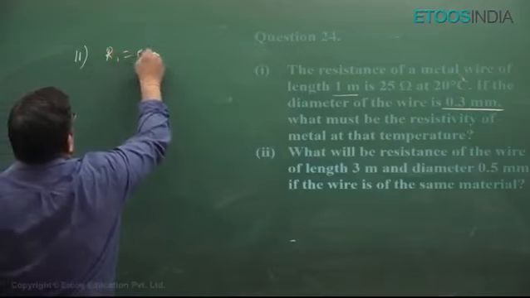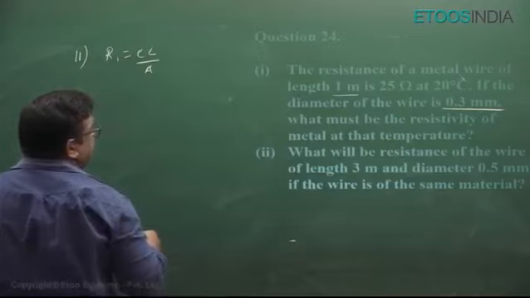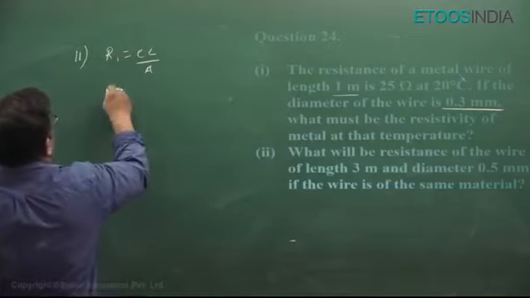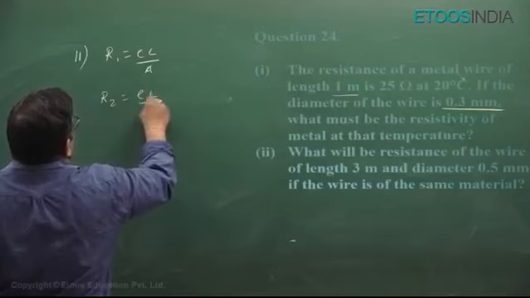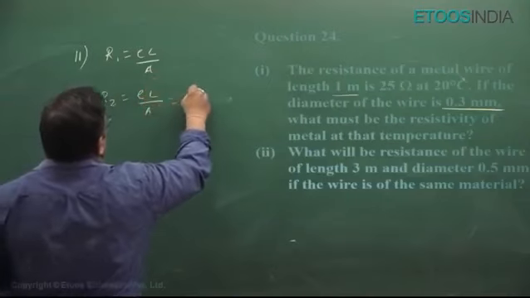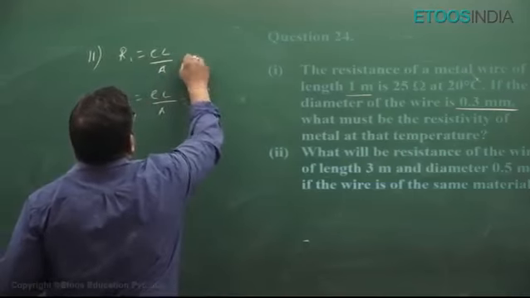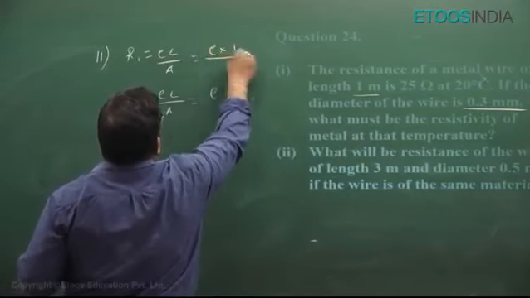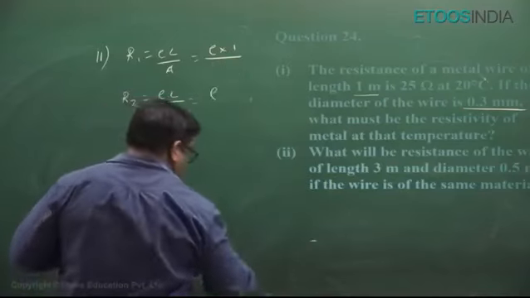R1 is equal to rho L by A, and R2 is equal to rho L by A. Okay, no, I have to solve it properly.